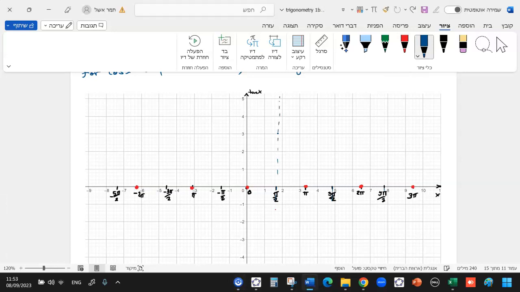So it's going to be this way. Also on the negative side, we have a vertical asymptote every pi.